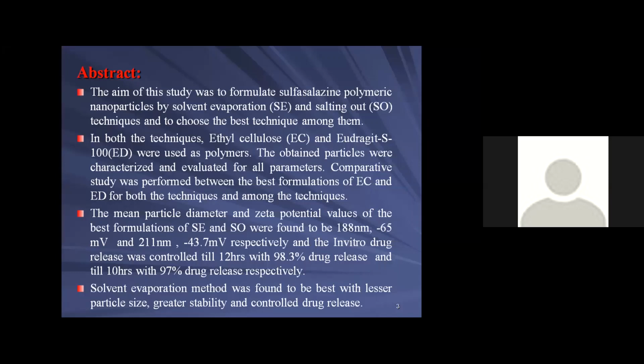All the formulations have been evaluated for drug content, entrapment efficiency, loading capacity, drug release studies, particle size, and zeta potential. The mean particle diameter and zeta potential values have been determined for salting out and solvent evaporation techniques. A comparative study was made between these two techniques in order to determine which technique is most suitable to prepare sulfasalazine nanoparticles.